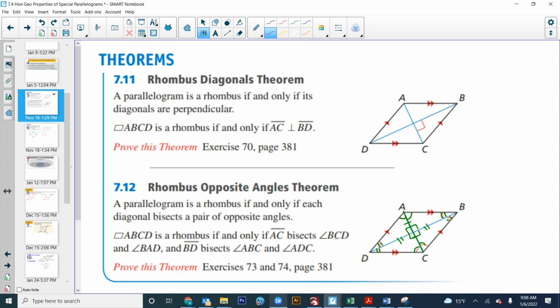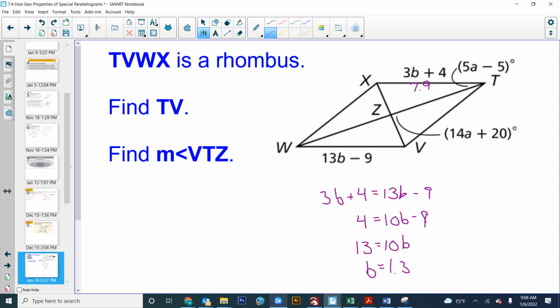Do you see how just a parallelogram with 1 right angle makes all 4 90 degrees? Yeah? Okay. So as we go through this, it's a rhombus. This side's 7.9. And they're asking us for side TV. Don't say, but it's not labeled. It's a rhombus. All 4 sides are congruent, makes it 7.9.